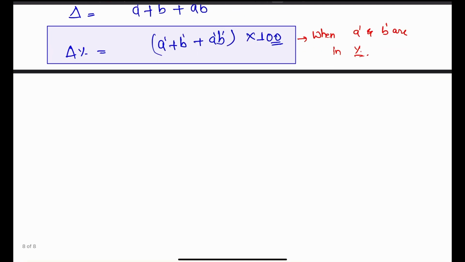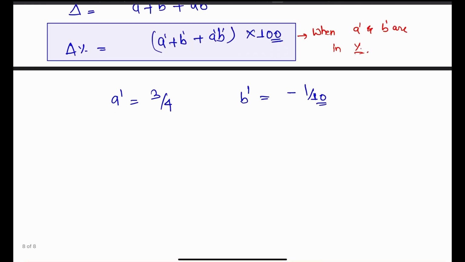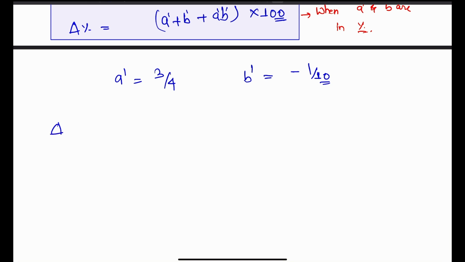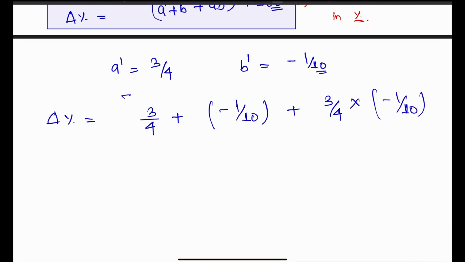So in this case, our A dash is 3 by 4, and our B dash is minus 1 by 10. Why minus? Because this is decreasing. So let's try to solve with the formula given above: 3 by 4 plus minus of 1 by 10 plus 3 by 4 into minus of 1 by 10. And eventually, if you want to find it in terms of percentage, into 100.